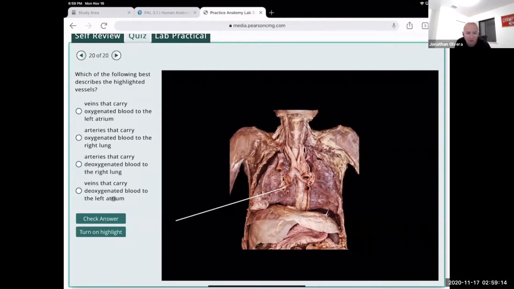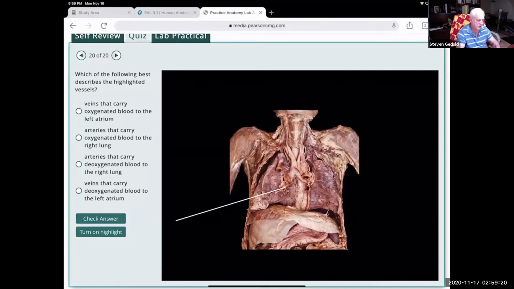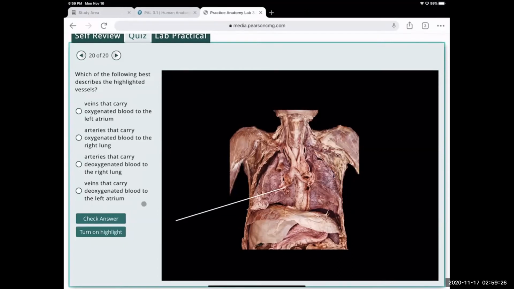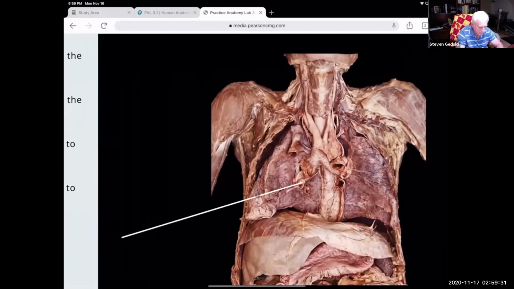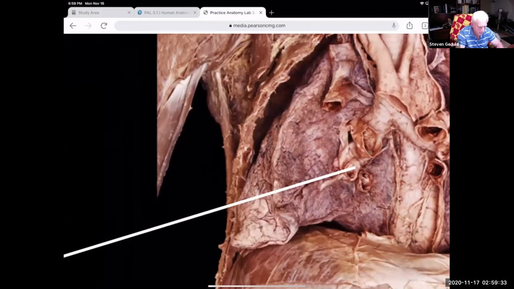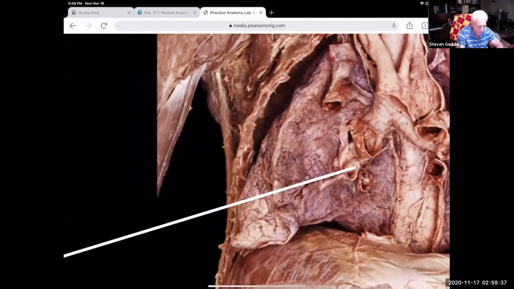No. Number 3, or to the right lung. Arteries that carry. That does not look like an artery to me. That looks like a vein. None of those make sense. None of the answers. It looks like a vein because this right here is your artery, the big one. This looks like a vein or a bronchi, but they don't have either of those.